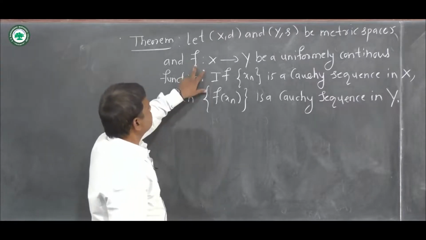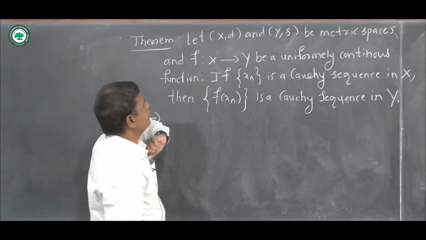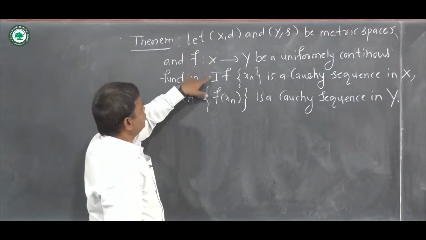Now in this case, the function f from X to Y is uniformly continuous, and xn is a Cauchy sequence.